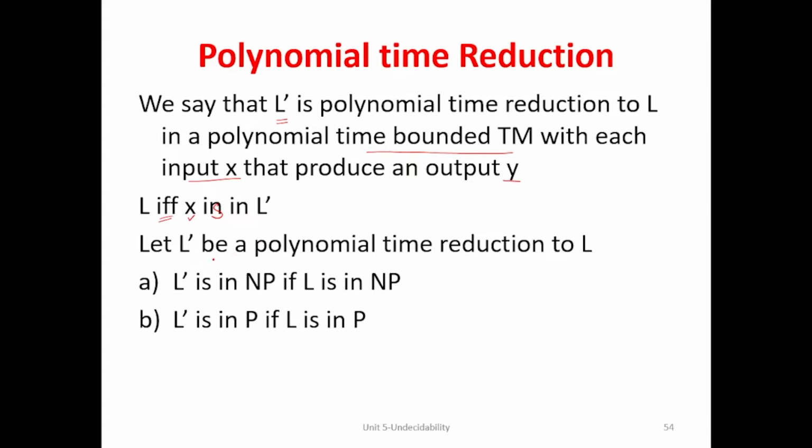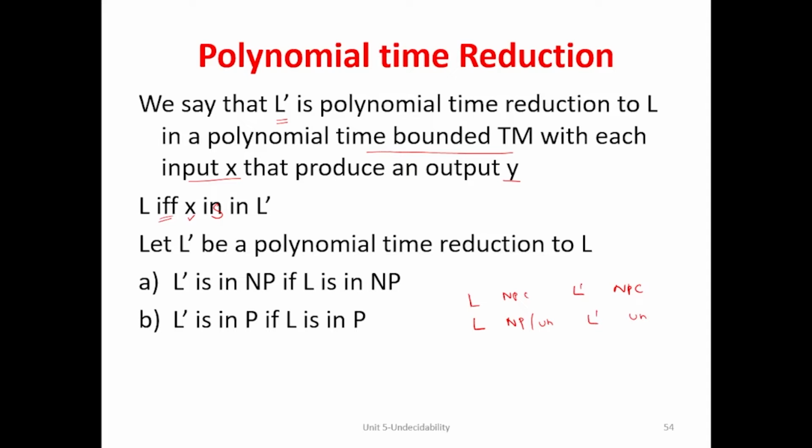If L dash is polynomial time reducible to L, then there are two possibilities. One, if L is NP complete, then L dash is also NP complete. Two, if L is non-polynomial or an undecidable problem, then L dash is also considered an undecidable problem.